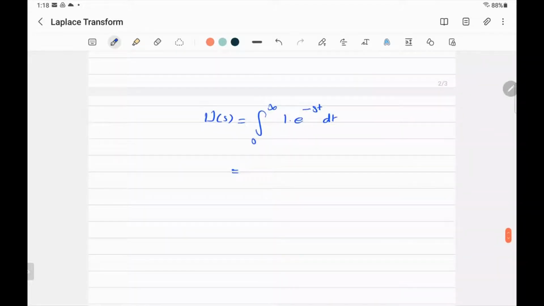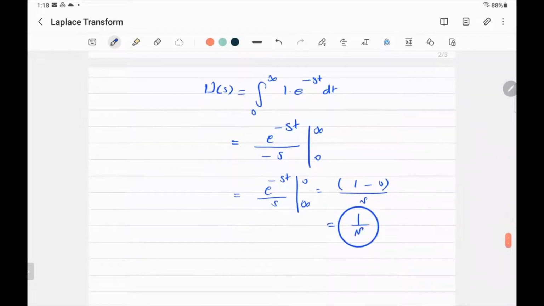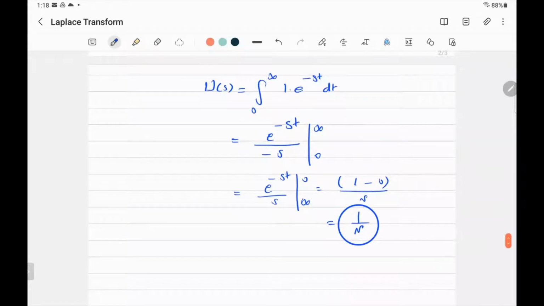That will be e to the minus st over minus s, with limits infinity to 0. I will do the same thing: e to the minus st over s, and then I flip. So e to the power 0 is equal to 1, e to the minus infinity is equal to 0, over s, so it's equal to 1 over s. That's the Laplace of the unit step.